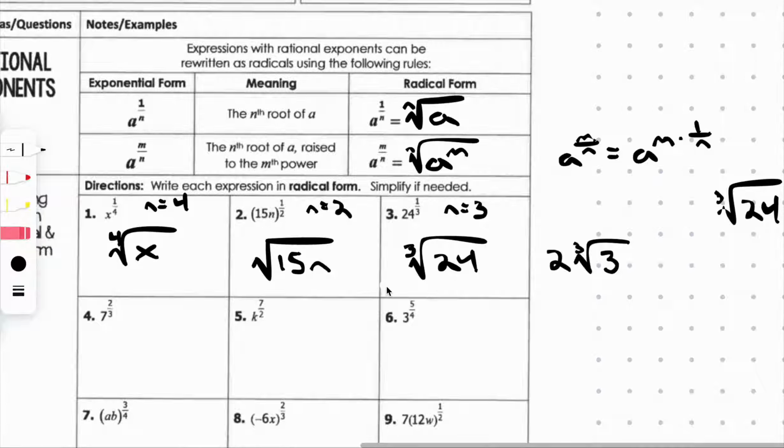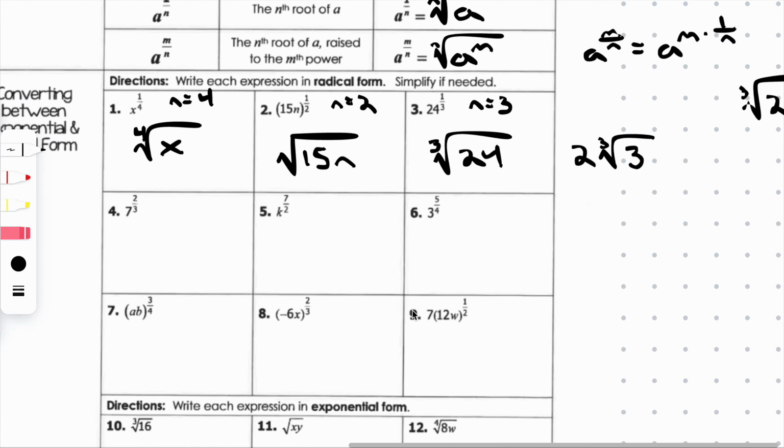Okay, so let's do some examples like k to the 7 over 2 power. In this case, we have an example that resembles a to the m over nth power, where m is equal to 7 and n is equal to 2. So we're going to say the square root, where we would have a 2 here.